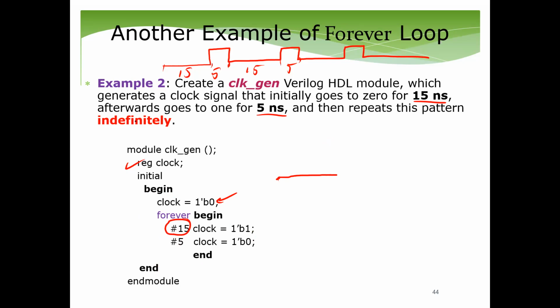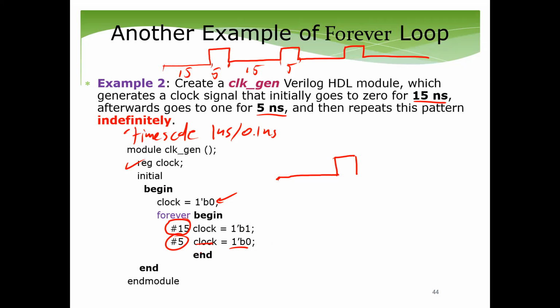If you want 15 nanoseconds, you need to use a time scale of 1 nanosecond, and to whatever precision you want. Let's say 0.1 nanosecond. So this will go for 15 nanoseconds, and then make clock equal to 1. Afterwards delay by 5 time units, make clock equal to 0.